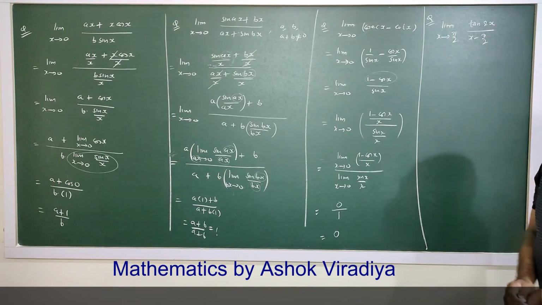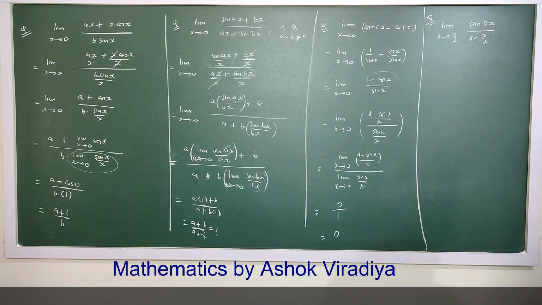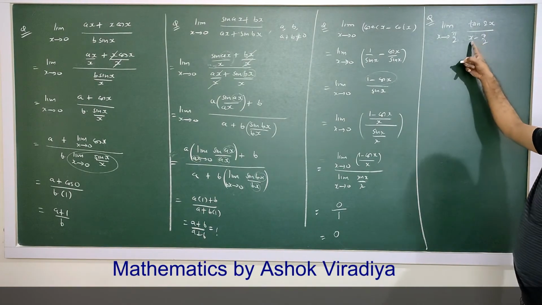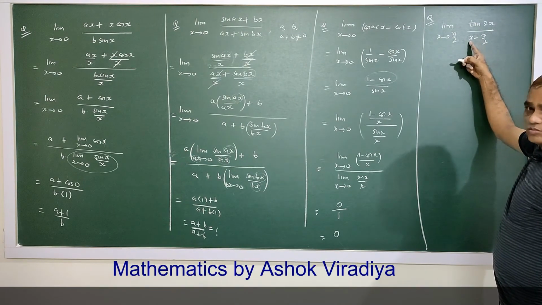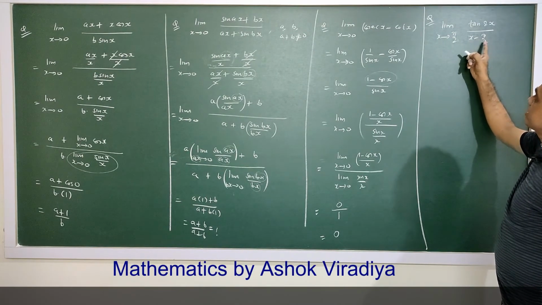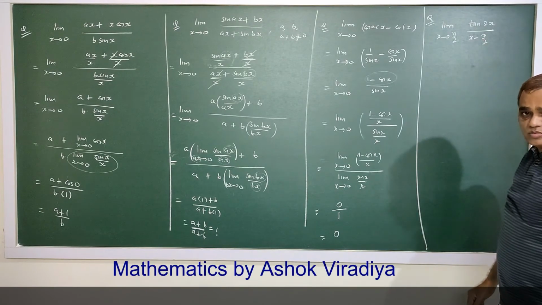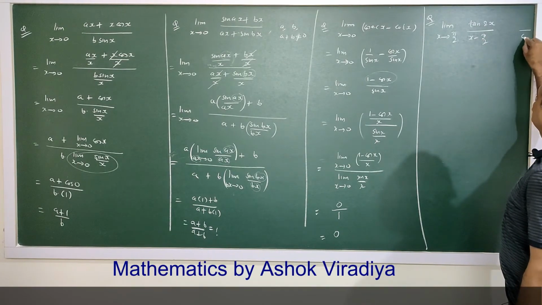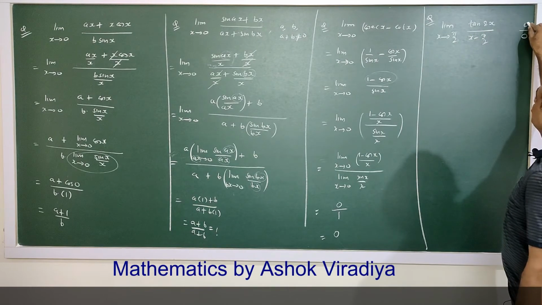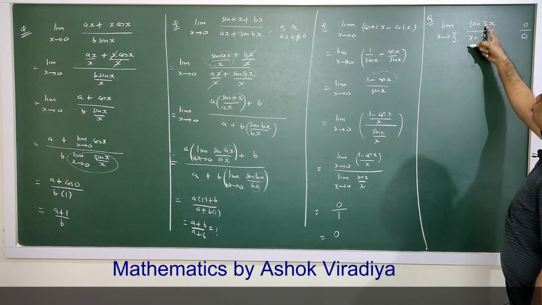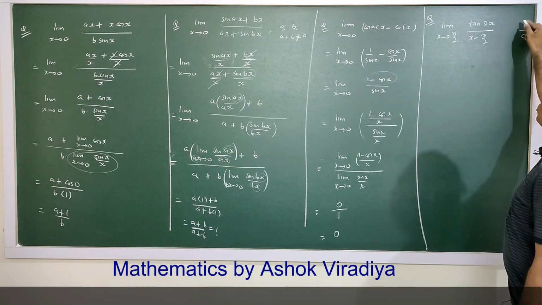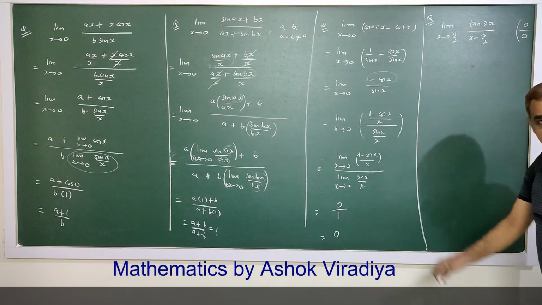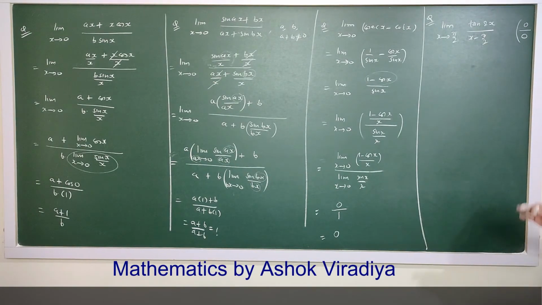If you put pi by 2 here, x tends to pi by 2, so pi by 2 minus pi by 2 is 0. So the denominator will be 0, and the numerator will be 0. Tan 2x, so 2 into pi by 2, that is tan pi, is 0. So this is 0 by 0 form. We are not allowed to put the value.